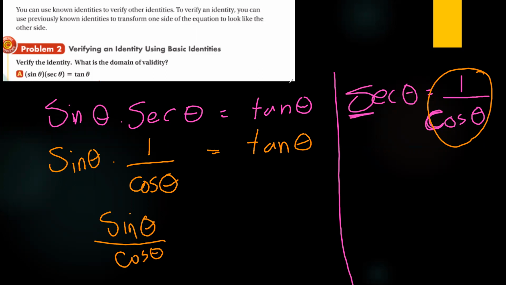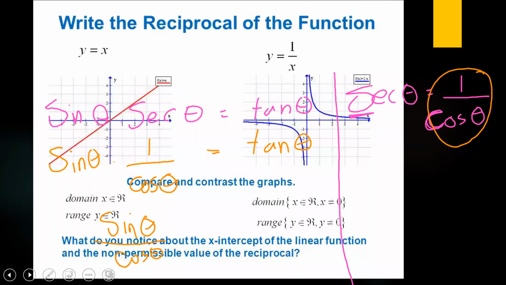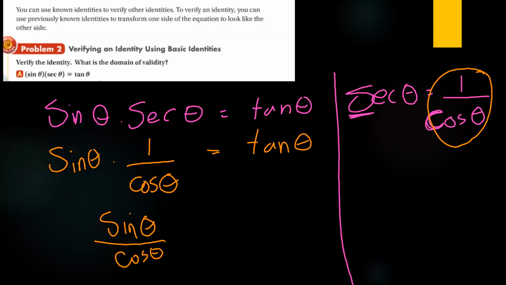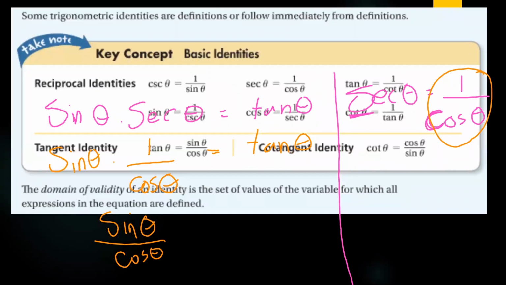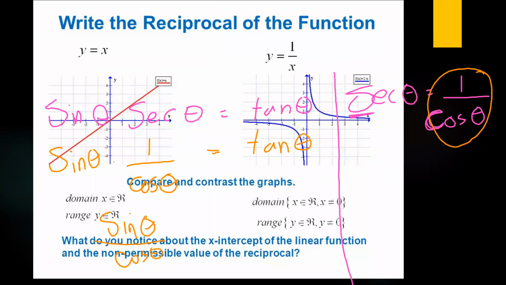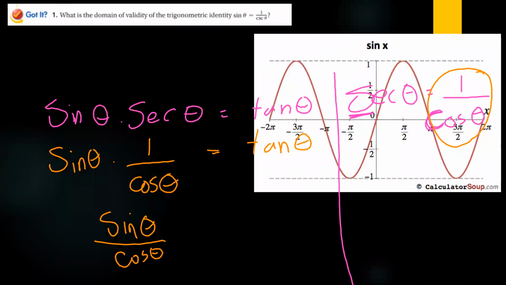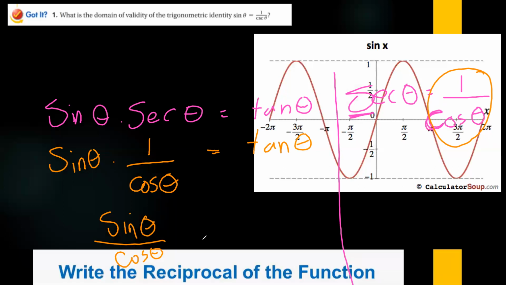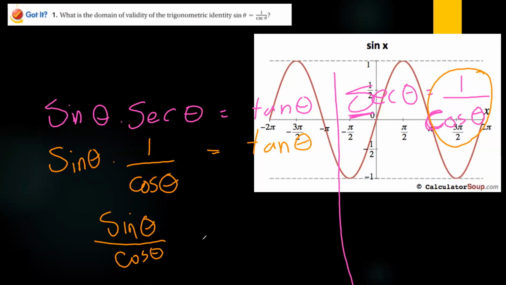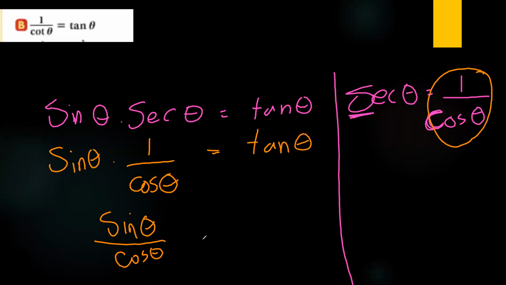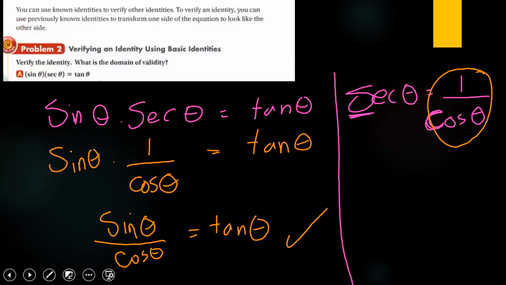And we know that from this identity, sine over cosine is tan. So we prove it.